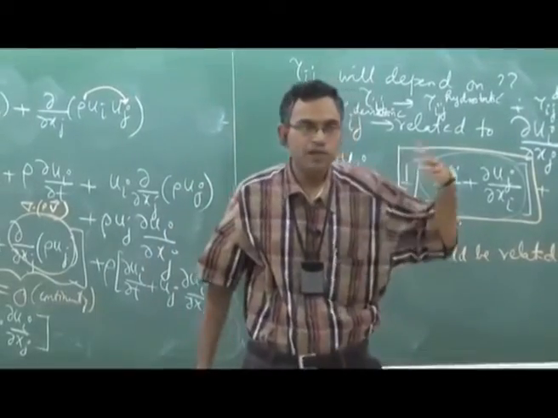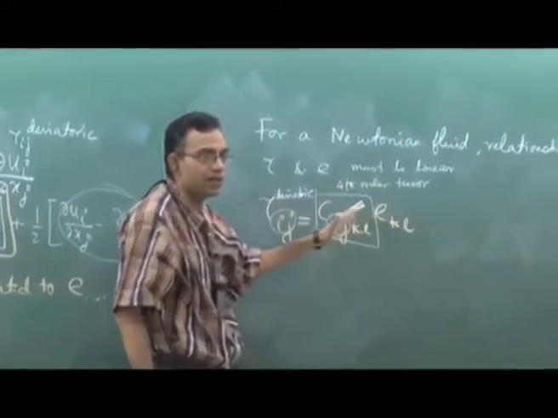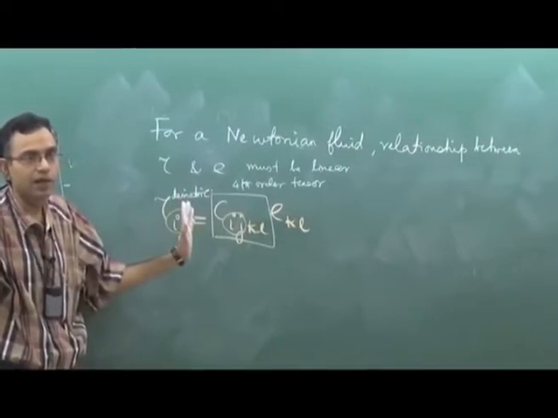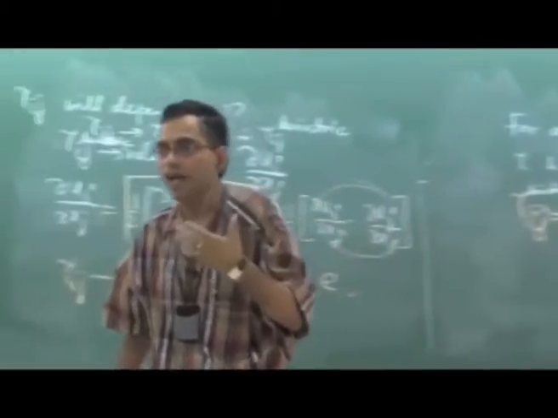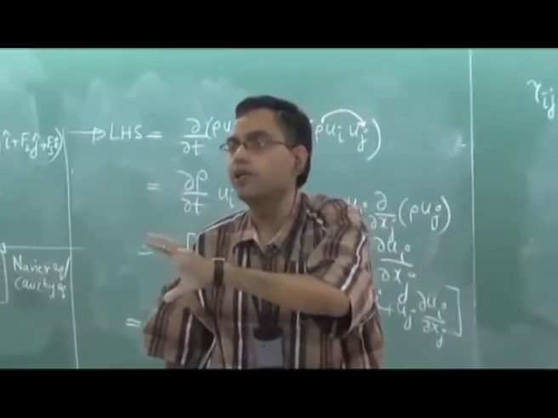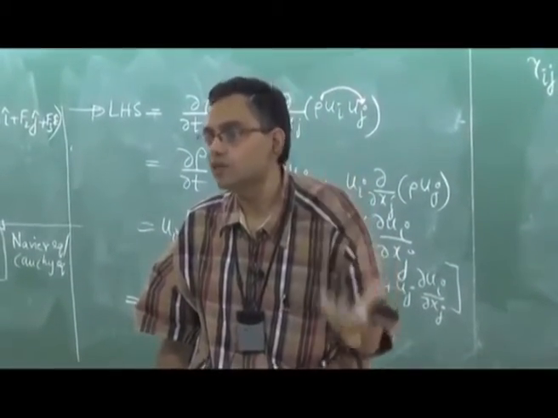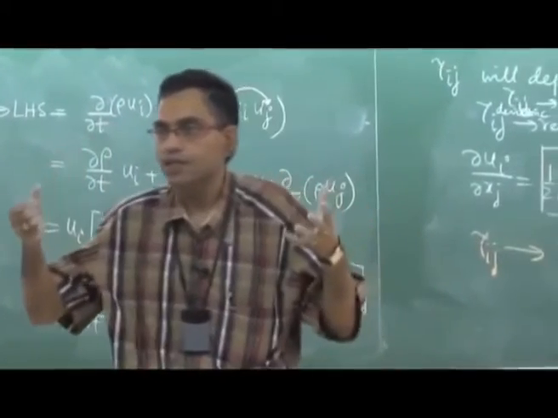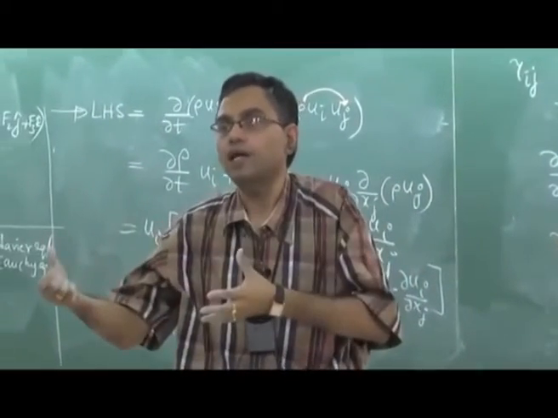But this will quickly come down not to 81 but to 36, because you have tau ij equal to tau ji. So that will simplify it a little bit, but still, when we are describing properties of fluids like water, air, etc., we do not use 36 material properties. We use possibly the most important property, which is the viscosity. So the number of properties as large as this is not used for solving a practical problem.